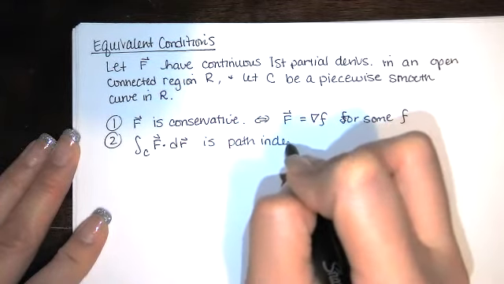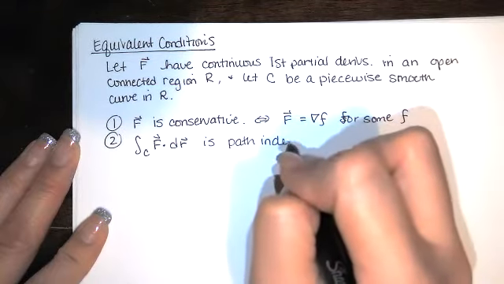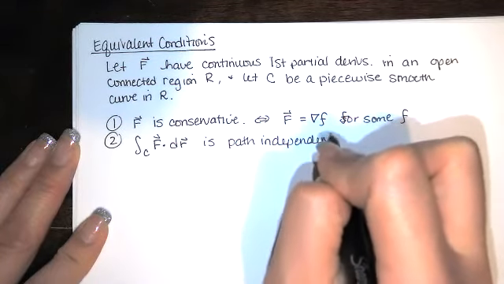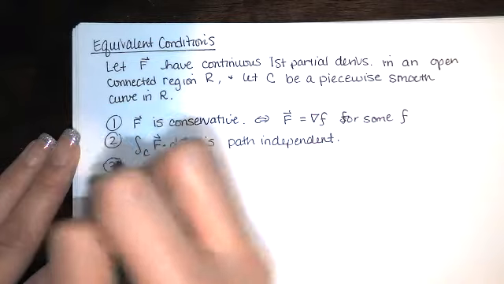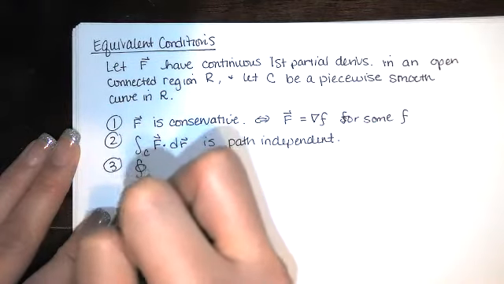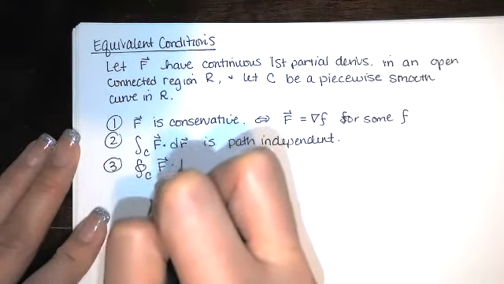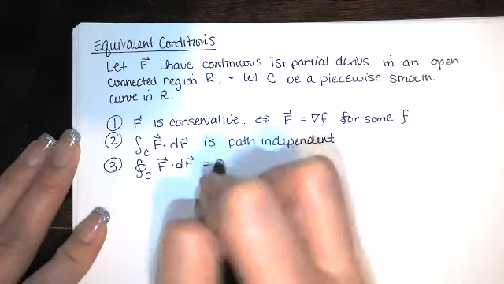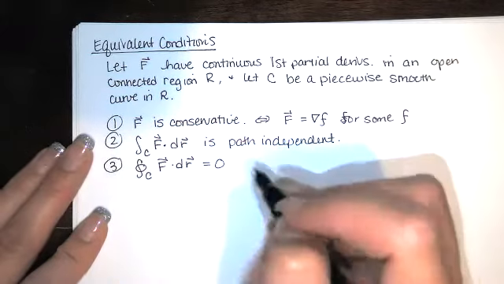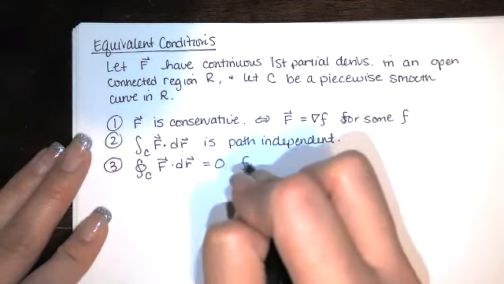I prefer calling it path independent myself. And then if the curve is closed, this is 0. And this is going to be true for every closed curve C.